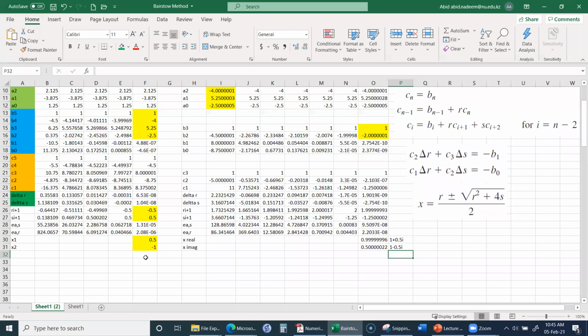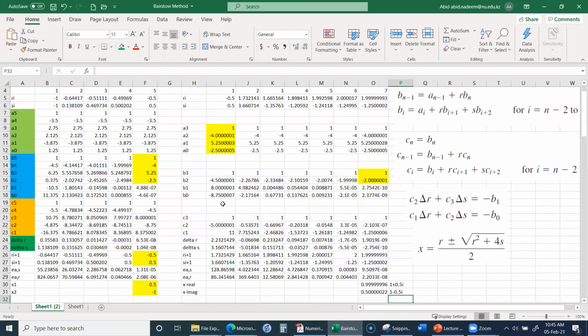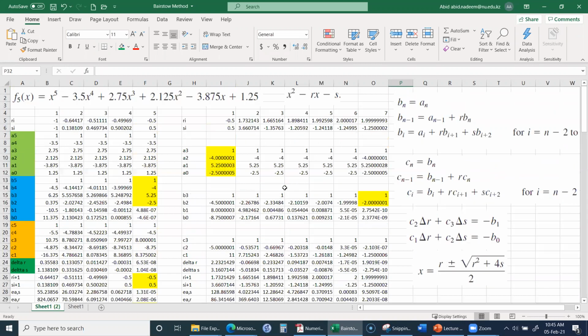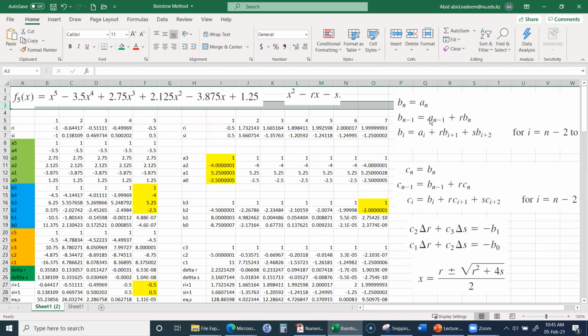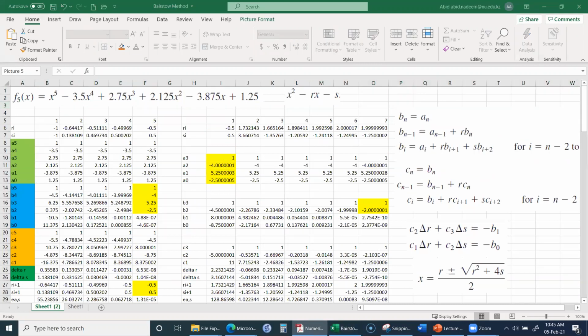So now, previously we have found the two real roots. From the two real roots, we have reduced this equation to a third degree equation. So what was that third degree equation?